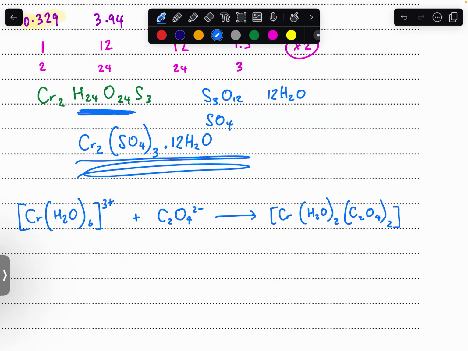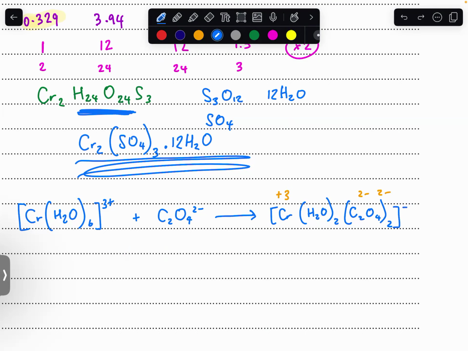And in terms of the charge, you've got +3 here. You've got 0 from the water, and you've got a 2- and another 2-. The total charge therefore adds up to -1, or just minus.